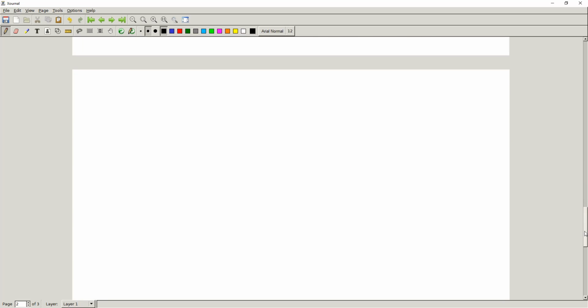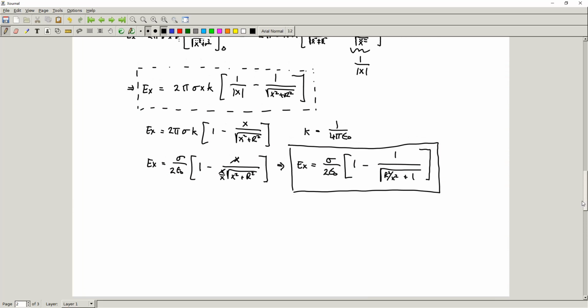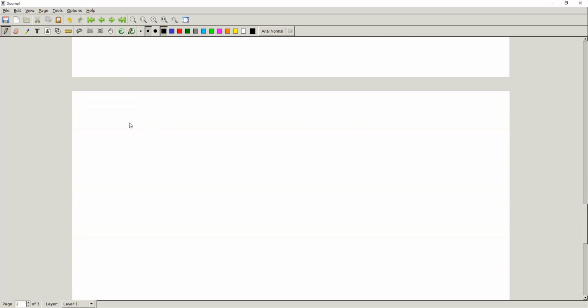But let's take a look at this expression here. Which one did we have? This one that I have boxed here. Okay, so I'm going to rewrite it here. We could again do this substitution of k for 1 over 4 pi epsilon, and we would end up with an expression that looks like this.